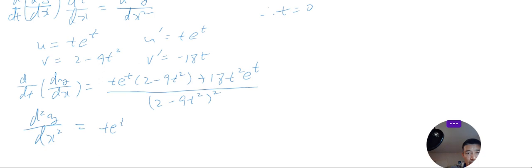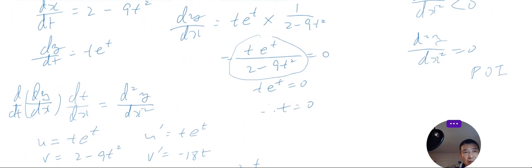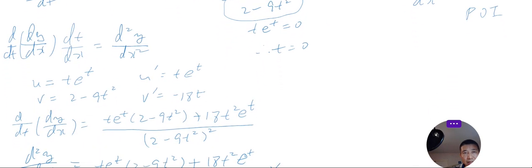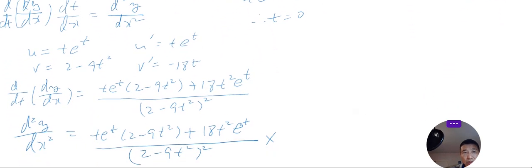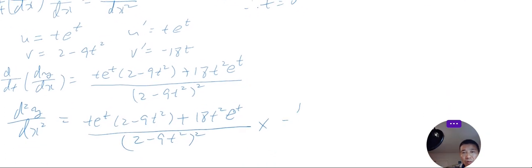So I just repeat this, t e to the power of t, times 2 minus 9t squared, plus 18t squared e to the power of t, over 2 minus 9t squared, squared, times, do you remember we have to multiply by the reciprocal of dx/dt, which is 1 over 2 minus 9t squared, isn't it?